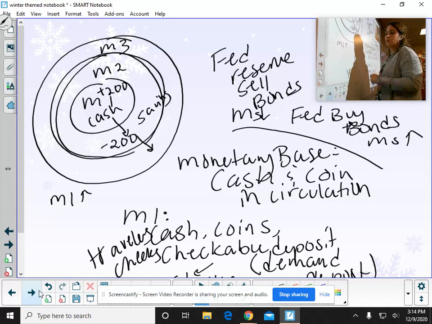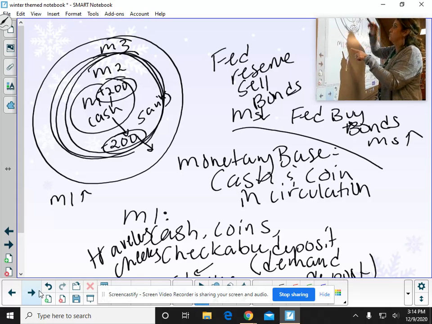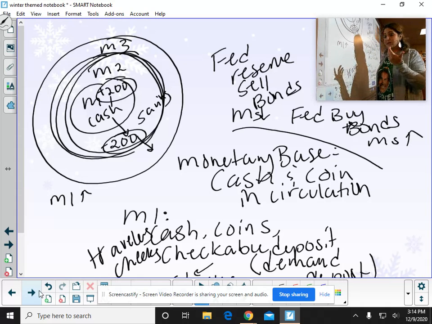So even though M1 went up, that transaction of M1 going up is also included in M2. So while M2 fell by 200, M1 increased by 200, all of M2 stayed the same because that minus 200 and plus 200 is all happening still in M2.